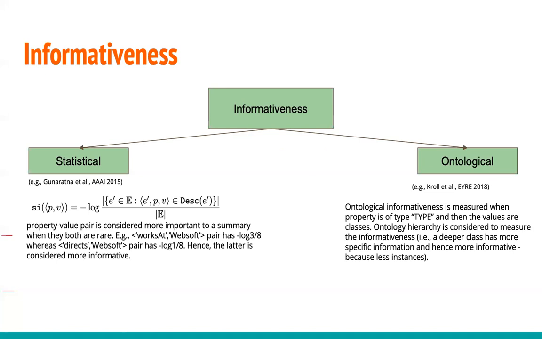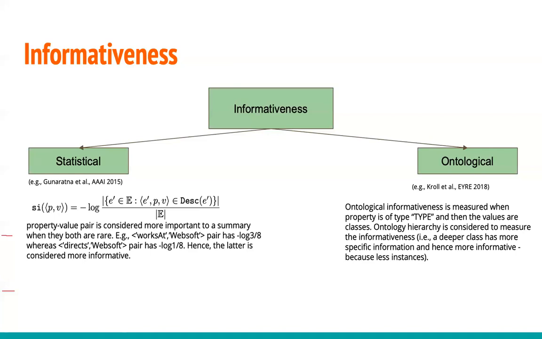So we see that rather than a person works at WebSoft, if somebody is a director at WebSoft, that's less frequent and also maybe important. So director WebSoft inherently gets a higher rank here because the property value pair together appears less frequently. So we see intuitively it is also the case. And that is the statistical way of measuring informativeness.